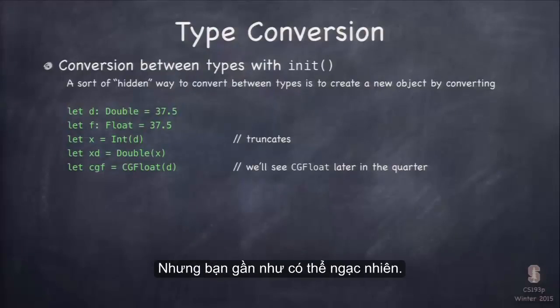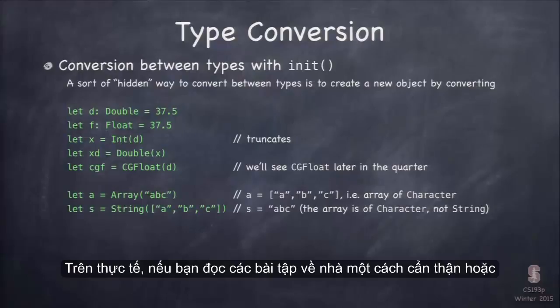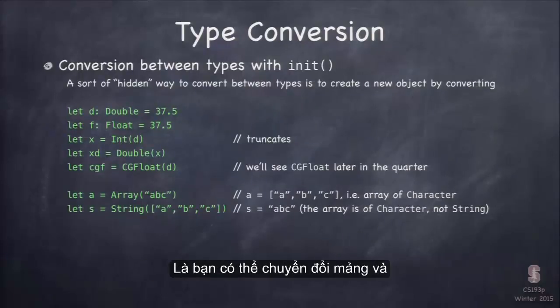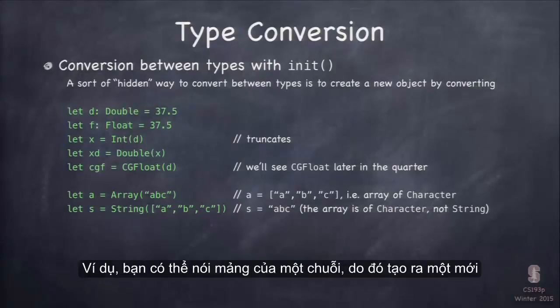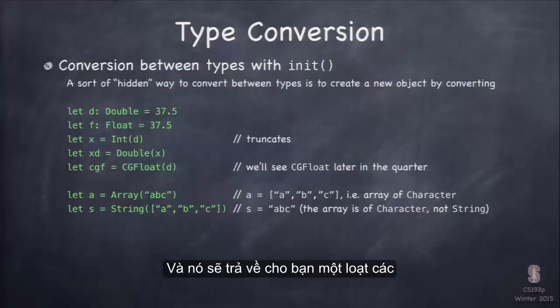Okay, so the numbers. But you also might be surprised, actually if you read the homework carefully or the reading assignment, you saw this, that you can convert arrays and strings using these initializers. For example, you can say array of a string, so create a new array, and the initializer's argument is a string, and it will return you an array of all the characters in that string, right? Unicode characters.